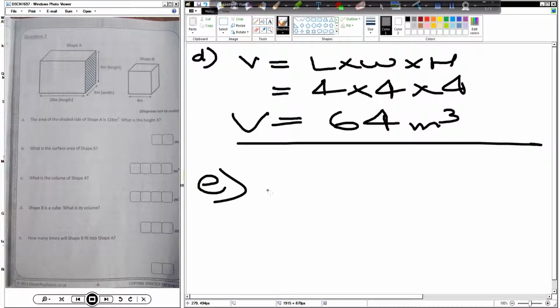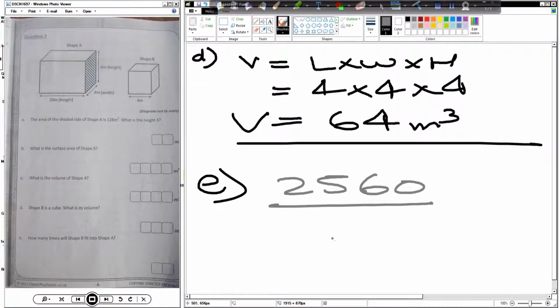What was the answer for the volume of shape A, part C? 2560. Yes, so we have to see how many times this fits into there. So for question E, we have to do 2560 divided by 64.